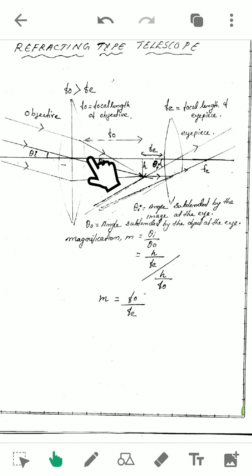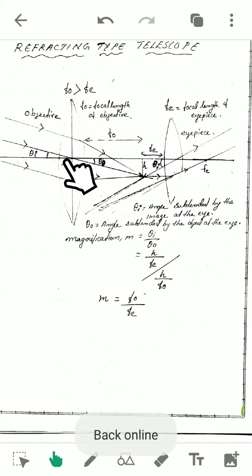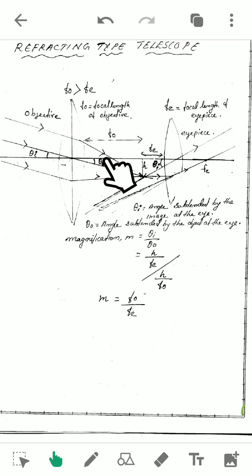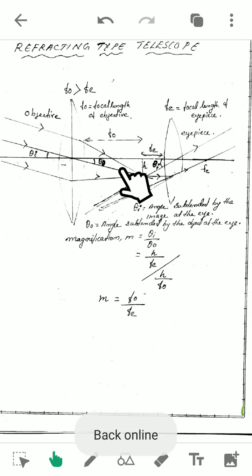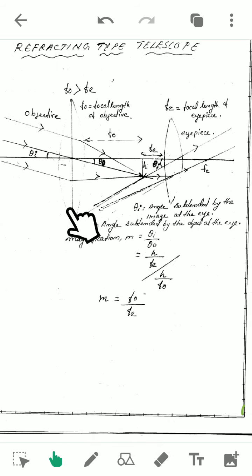That means you will get a distorted image. That is spherical aberration. In the same way, if the thickness of the lens is more, the lens produces dispersion. That means you will get different colour images, and that time also the clarity of the image is reduced. That is chromatic aberration. So these all are the drawbacks of the refracting type telescope.